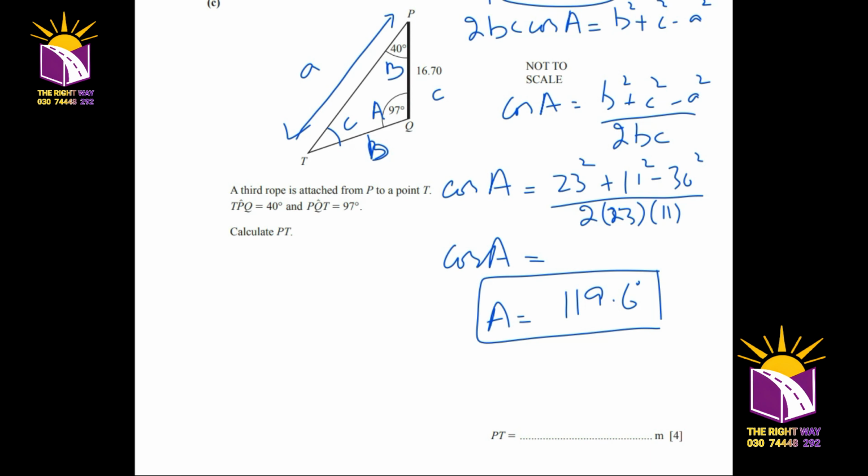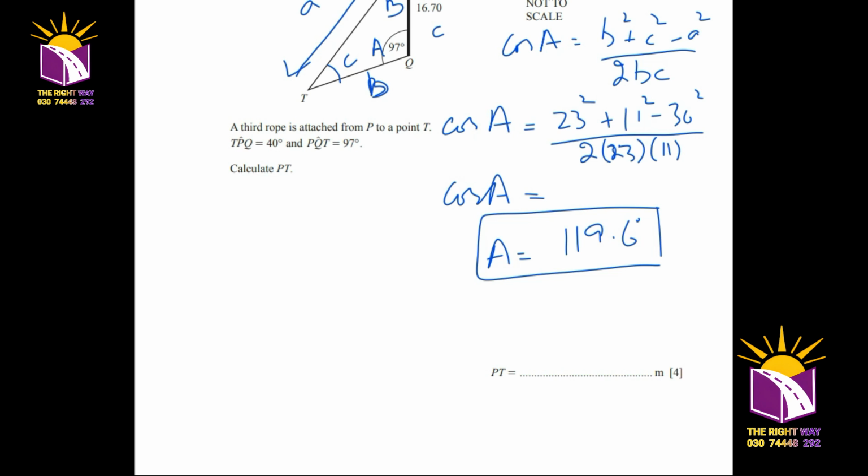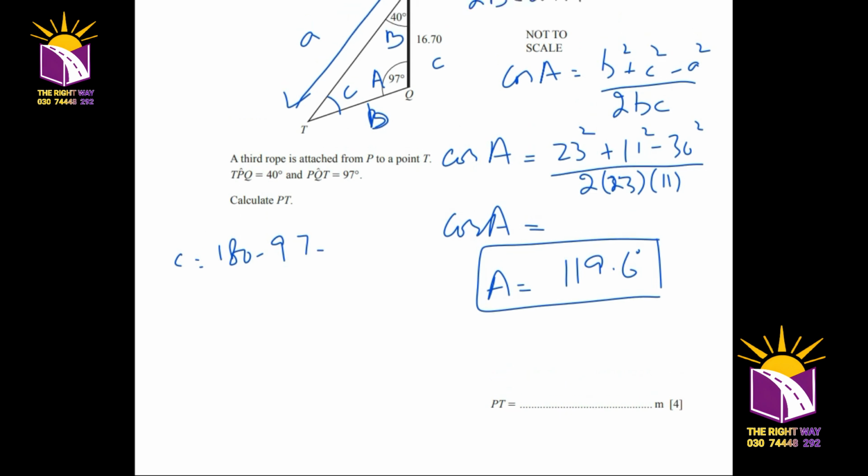First of all, I am going to find the angle C. I know that the sum of all the angles of a triangle is 180 degrees. So C will be equal to 180 minus 97 minus 40. 140 minus 97 will be equal to 43. So C will be 43.